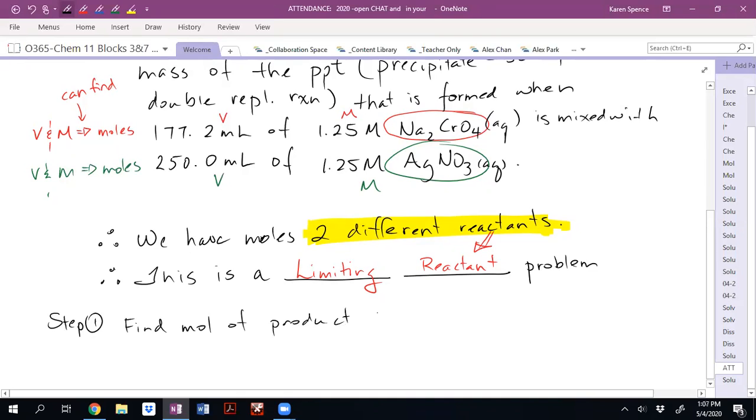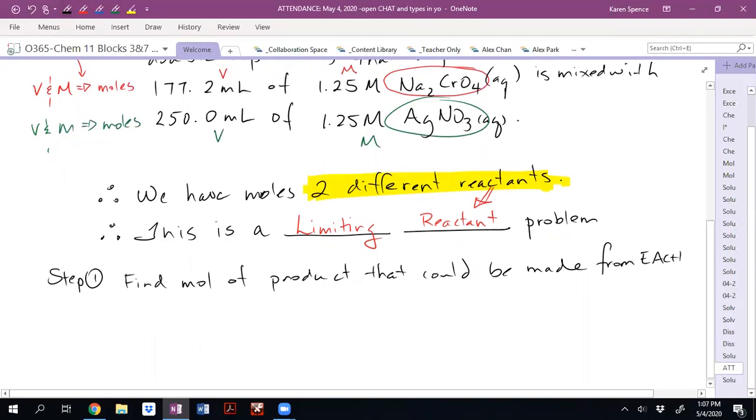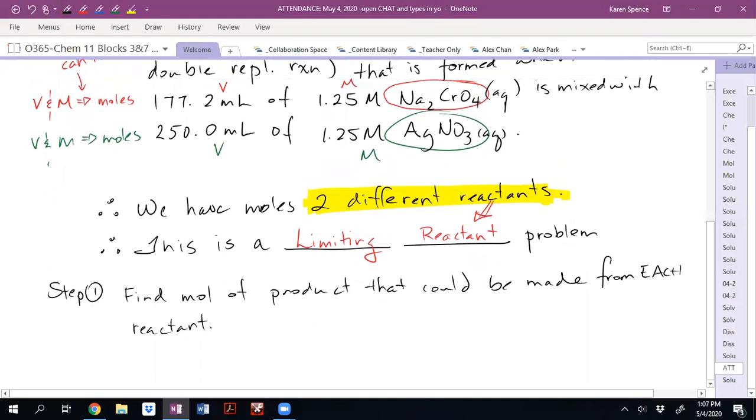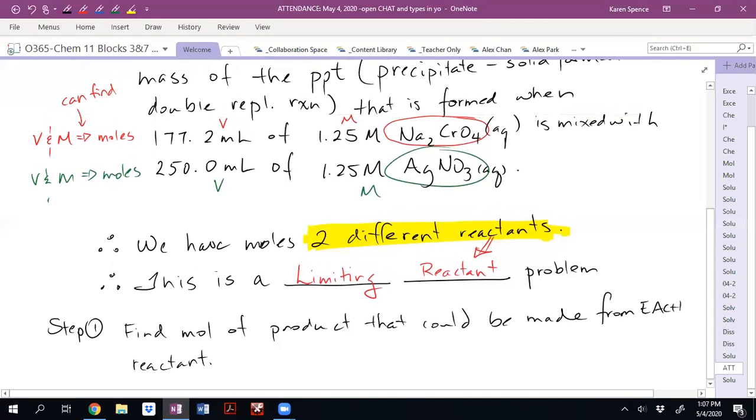I like it that you're putting yourself out there. It's great. Moles of product that could be made from each reactant. And in order to do that, we're actually going to need a reaction here. So we're going to take a look at our two reactants and see what product we get, because we need to identify the precipitate.